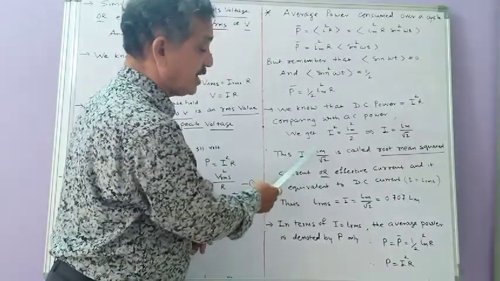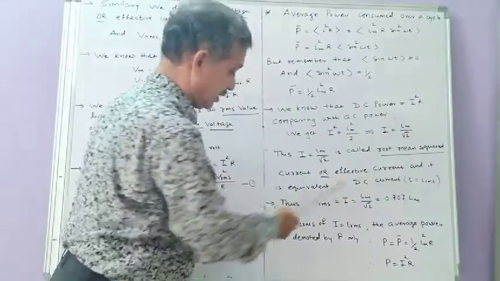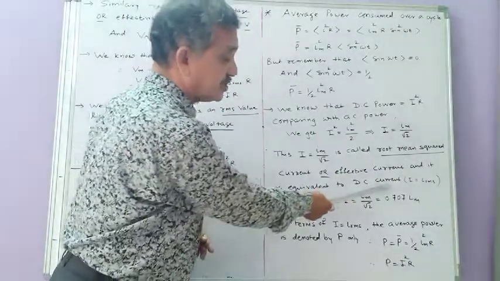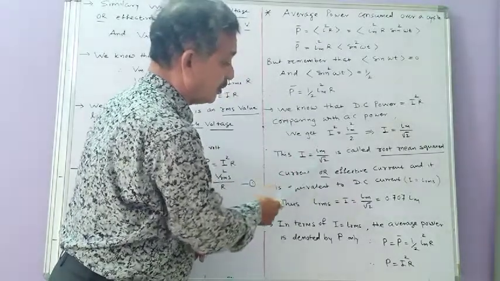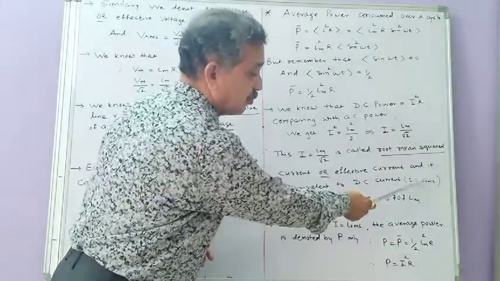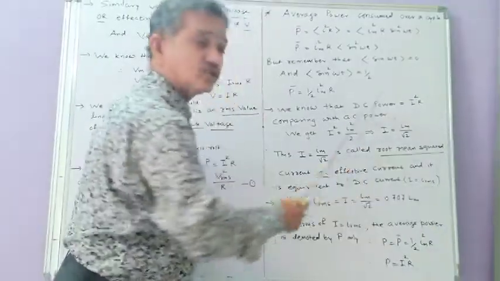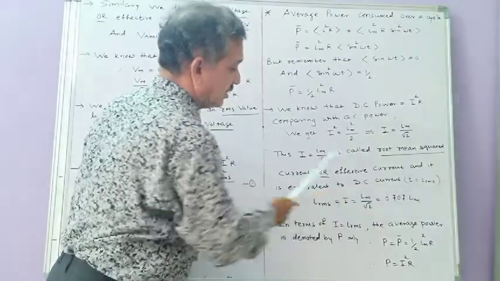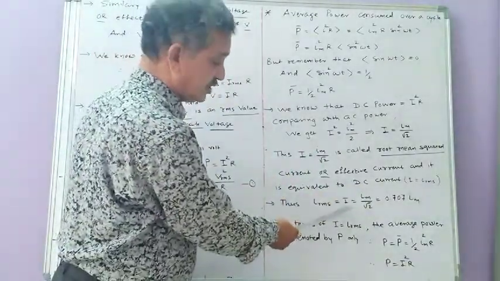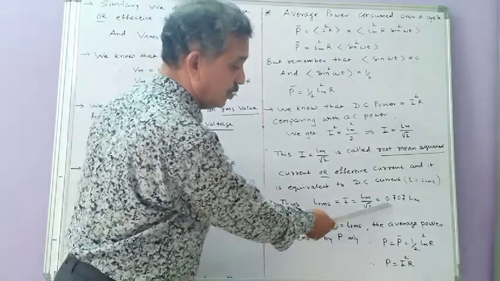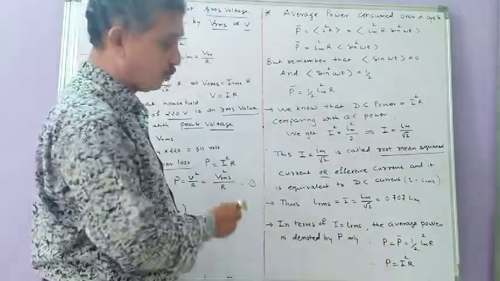So this capital I equal to Im upon root 2 is called root mean square current, or it is known as effective current, and it is equivalent to DC current I. That's why this capital I equal to Im upon root 2 can be replaced by the symbol I suffix RMS, read as root mean square current. So thus IRMS equal to DC current I equal to Im upon root 2 equal to 0.707 Im, 1 upon root 2 की value.